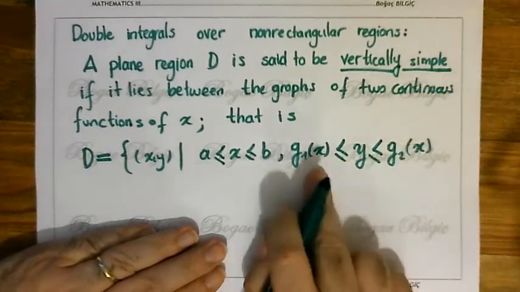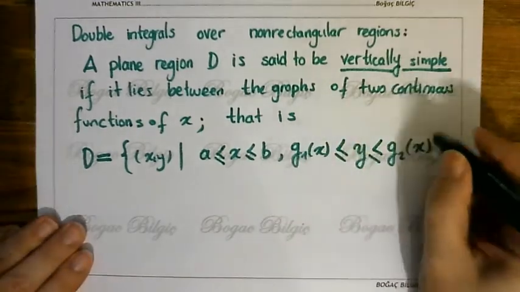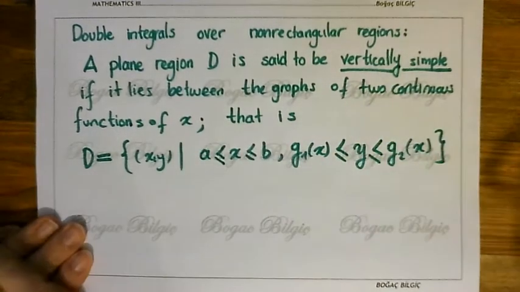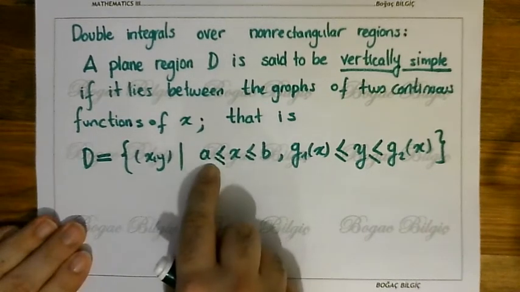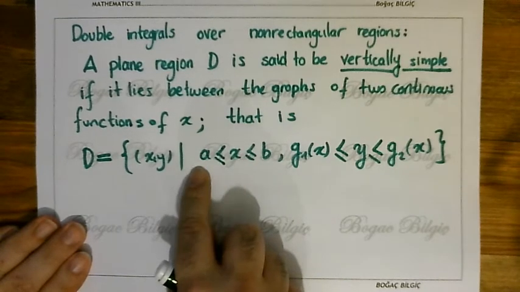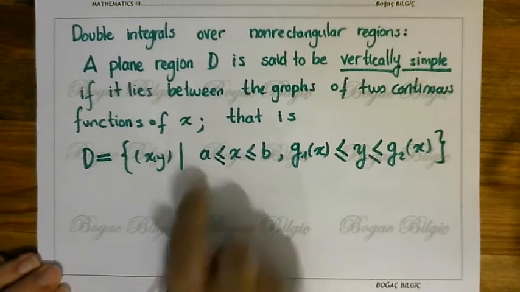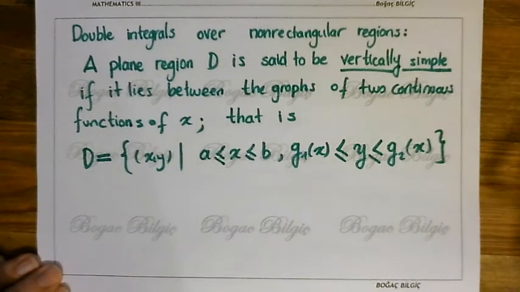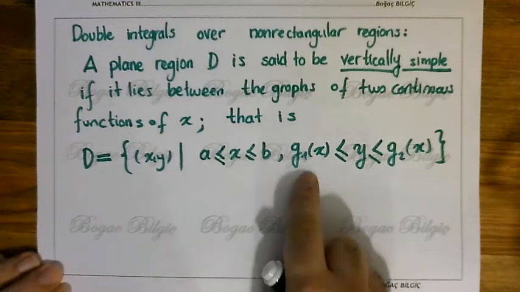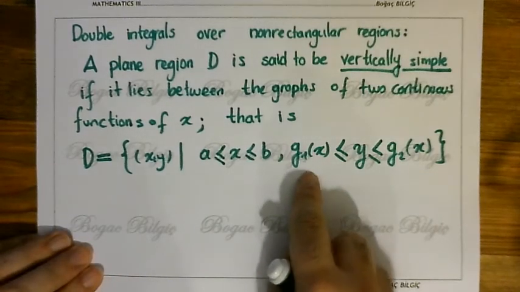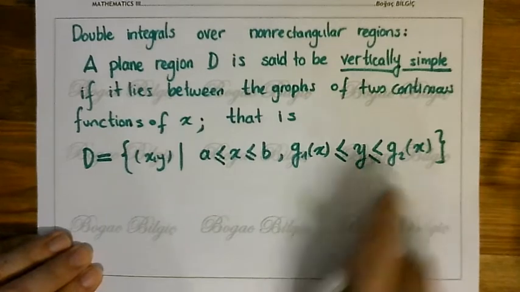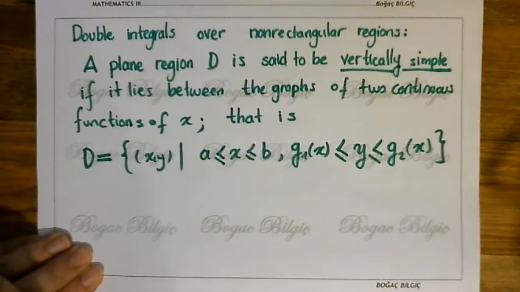These are functions of x. The numbers a and b are, respectively, the smallest and the largest values of the x coordinate of points in D, where g1 and g2 are continuous on [a, b].